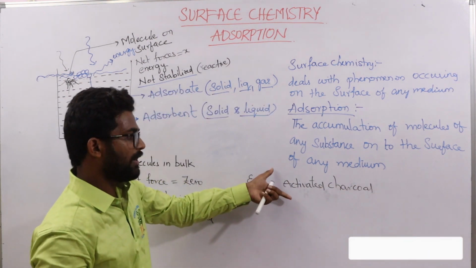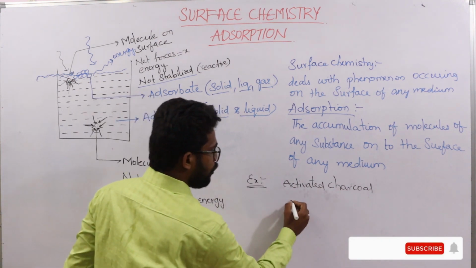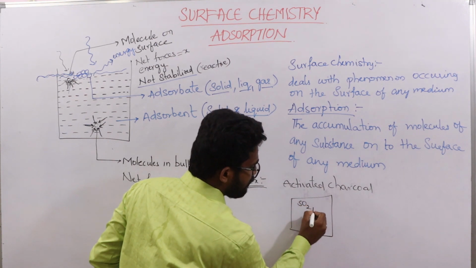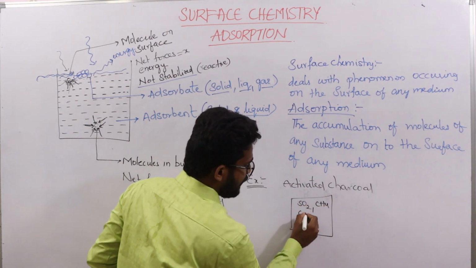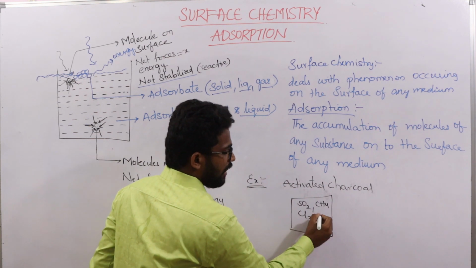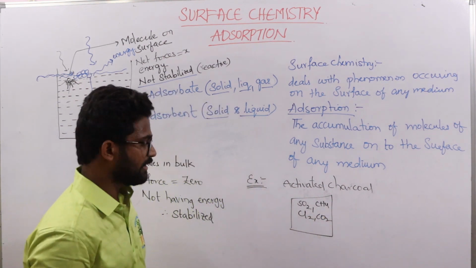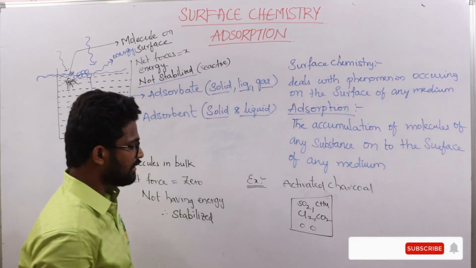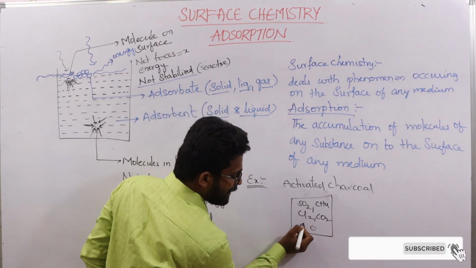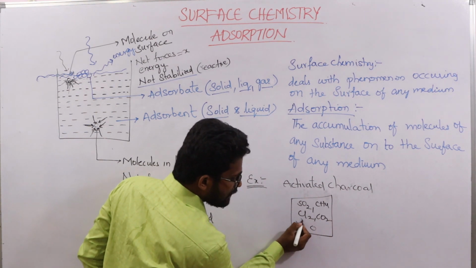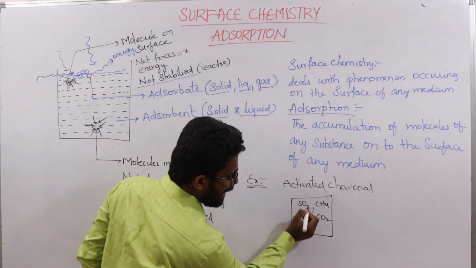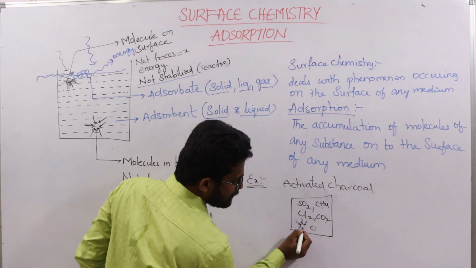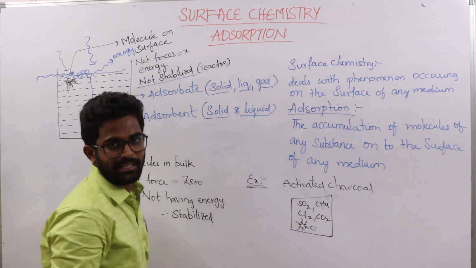If we place activated charcoal in any medium containing gases like sulfur dioxide, methane, chlorine, or carbon dioxide, the activated charcoal absorbs these molecules onto its surface.